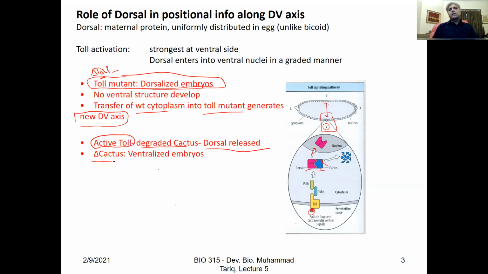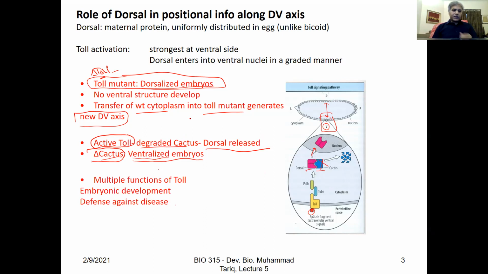And if you have delta cactus, if you have a mutant cactus, we call such phenotype the ventralized phenotype, because now dorsal will move everywhere inside the nucleus, even in the dorsal cells where cactus was holding dorsal in the cytoplasm. In the absence of cactus, now the dorsal will move into the nucleus, and all the nuclei from dorsal to ventral, they all will look like ventral nuclei where dorsal normally moves into the nucleus. So we call such a phenotype ventralized.